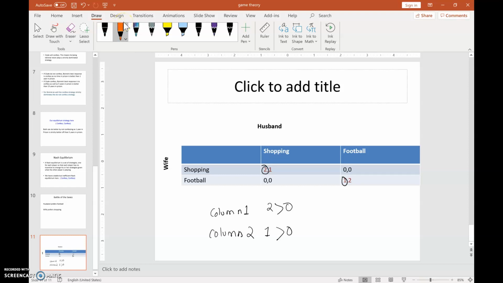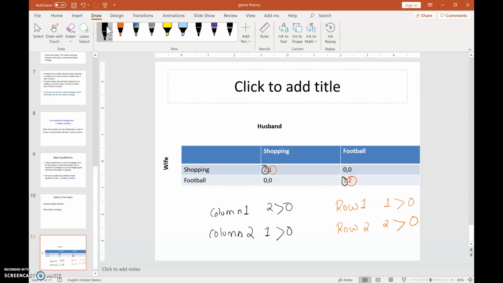Now if you look at the rows here, I'm going to choose 1 over 0 for row 1 because 1 is greater than 0. Now if I look at row 2, I'm going to choose 2 over 0 because 2 is greater than 0.